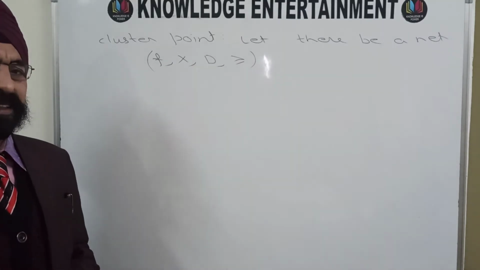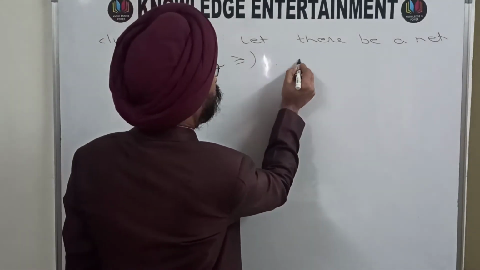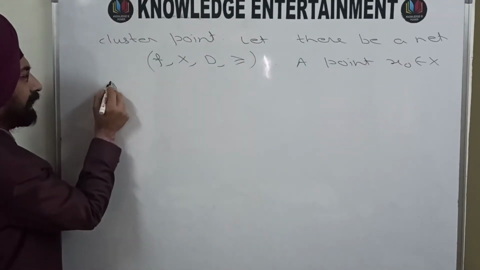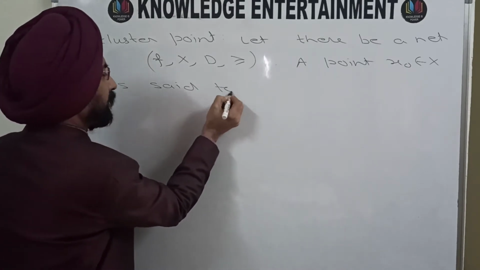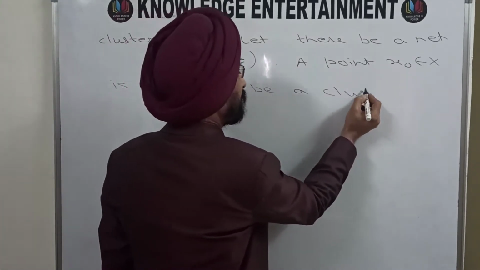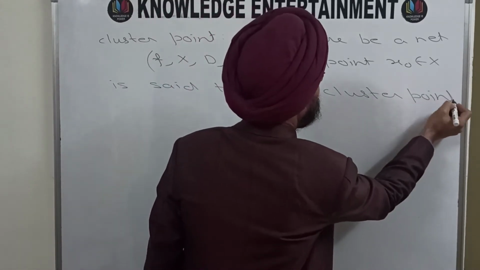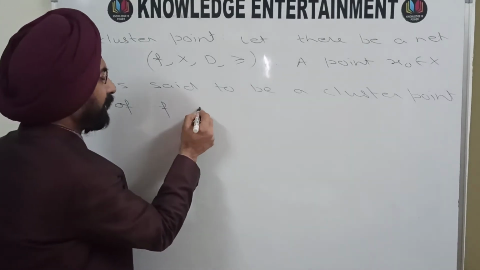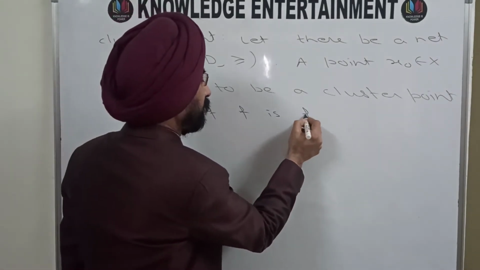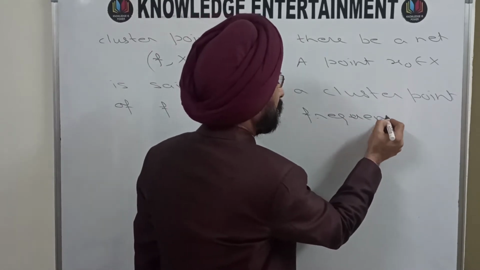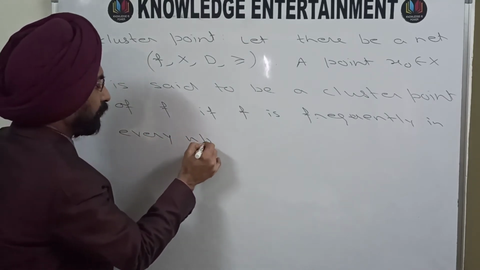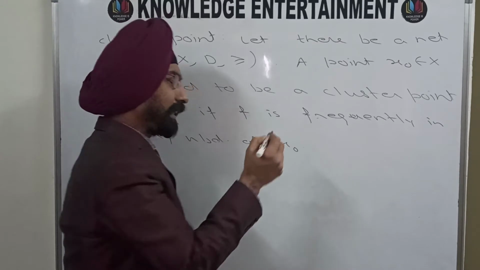A point x naught belonging to X is said to be a cluster point of this net f, in short you can say. So this is a cluster point of f if f is frequently in every neighborhood of the point x naught.